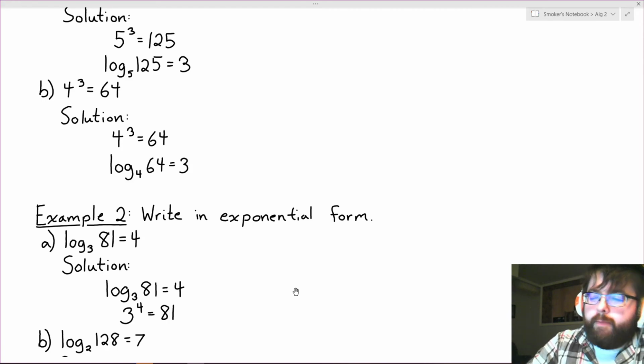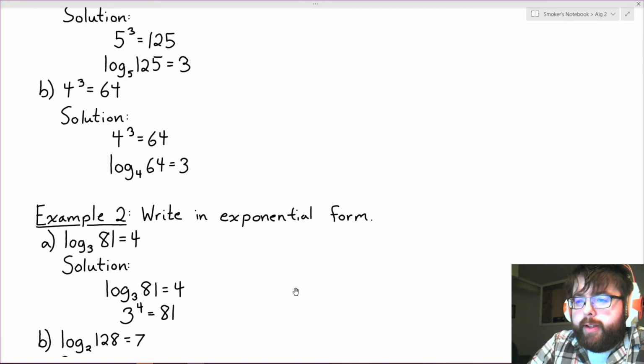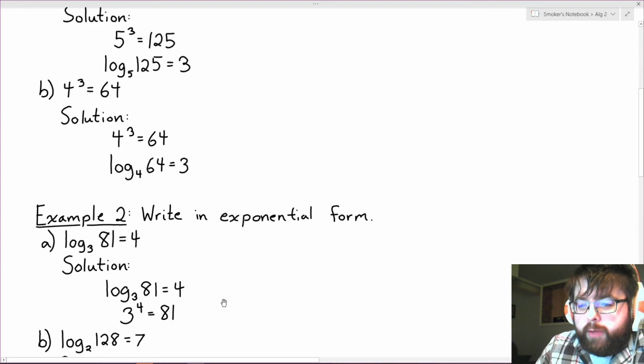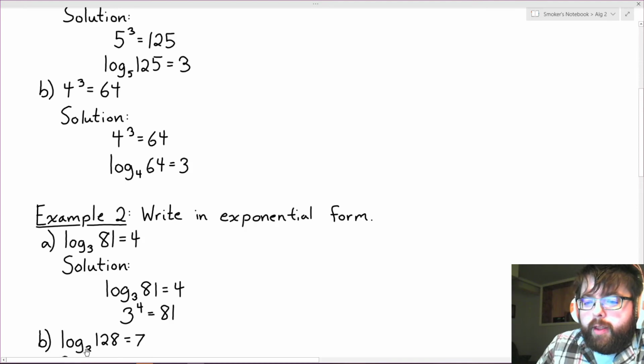This is the other 10%, where we're just taking the equation and rewriting it in a different form. It's not an expression, it's an equation, because there's an equal sign. So, log base 2 of 128 is equal to 7. And that is how you say it, by the way: log base 2 of 128 is equal to 7.